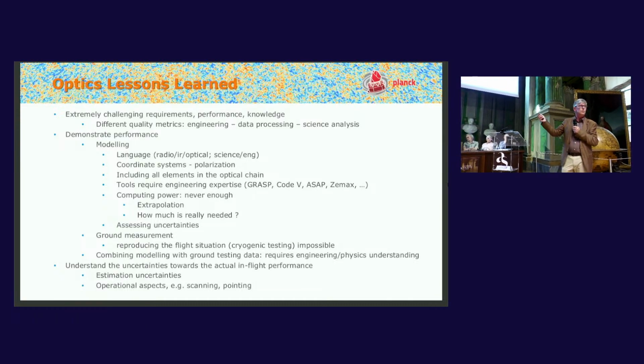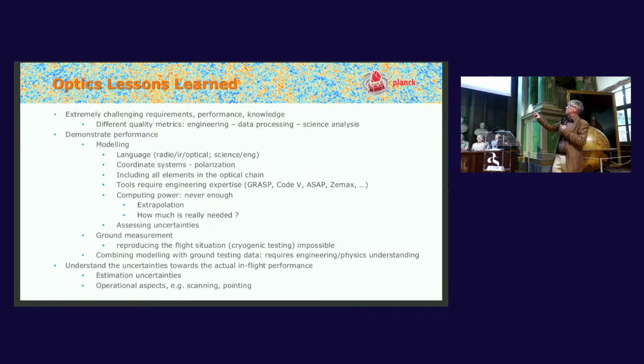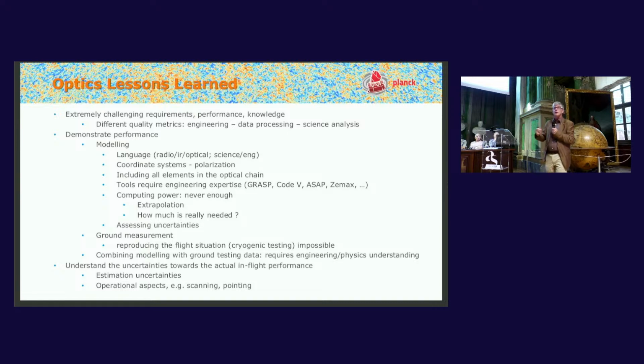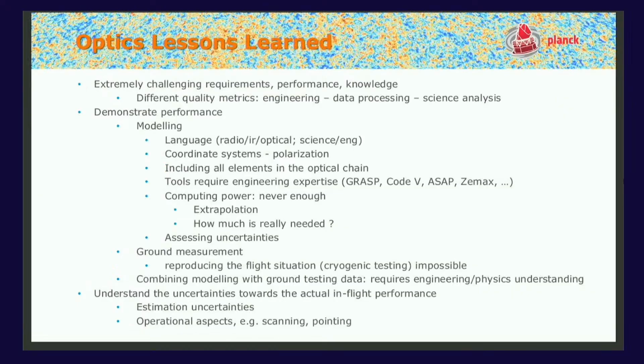One of the problems we encounter is that you start out with an engineering problem, and you end up with a science analysis issue. And the language changes dramatically from one end to the other. And this is something we did not account for in the early days, and something that's worth remembering. You really have to be able to translate engineering speak to data processing speak to science analysis speak.